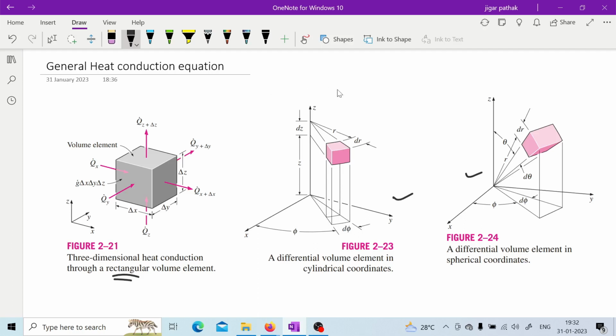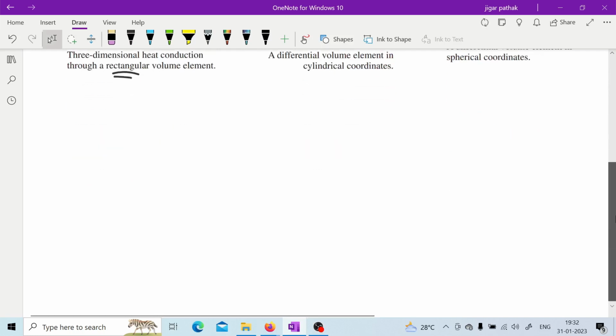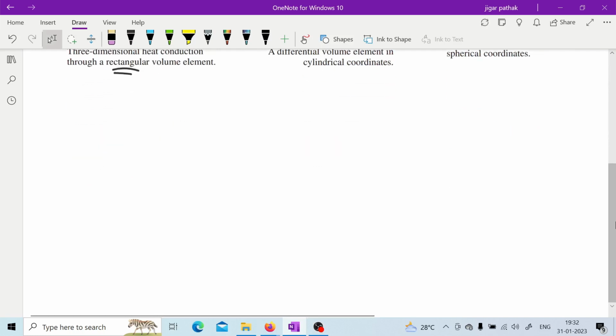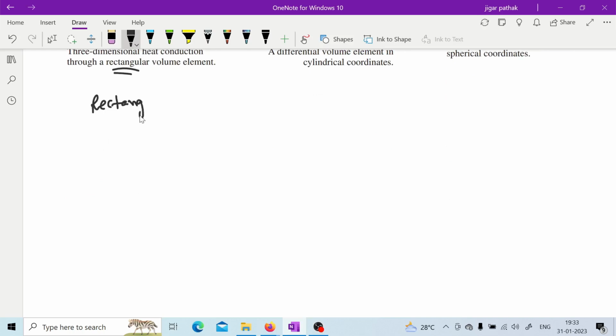We will see how x, y and z are going to vary in cylindrical coordinates and spherical coordinates. First we will see it through rectangular coordinates, right? So if we go for this rectangular coordinate, right, this general heat conduction equation, now here what is going to happen is the rate of heat conduction at x, y and z.